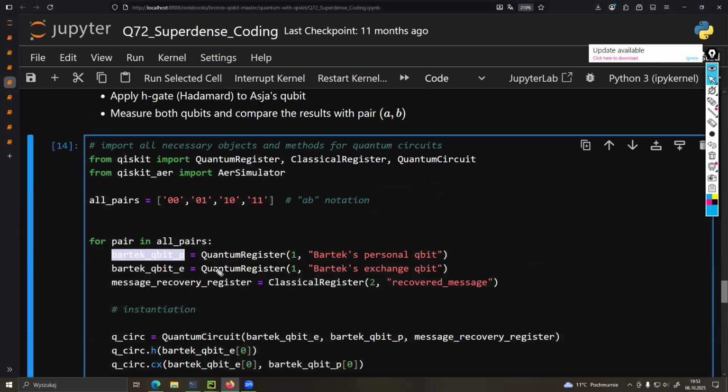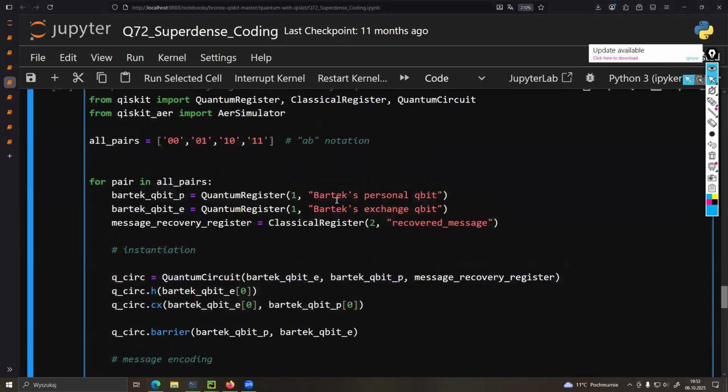For each pair of possible combinations of bits that my recipient wants to send me back, I will have an experiment. And this experiment will be prepared like this.